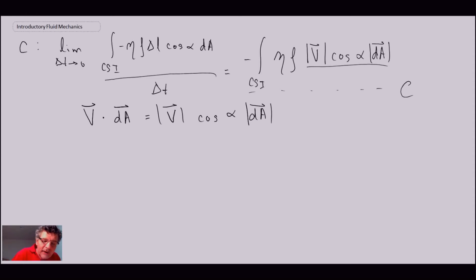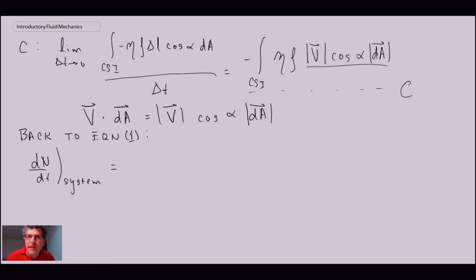Doing that, we take all of this back to equation 1. And so if you remember, this is A, B, and C from equation 1. We're going to plug them all back in now.